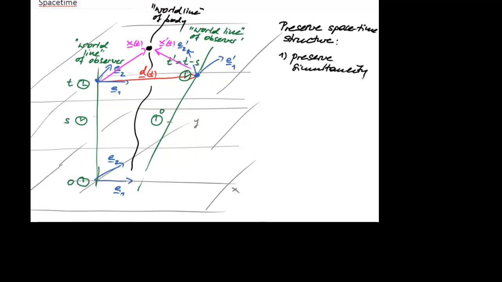Because otherwise, if I have two events that are simultaneous for me but at different locations in space, and the transformation of clock time is space dependent, then for my colleague these events would suddenly have different times, and they would no longer be simultaneous. So this implies that t prime must be a function of t only, and not of position.